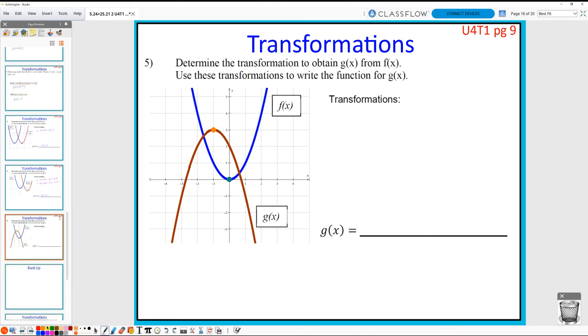And finally, I can see that from F, which is my blue graph, I had a reflection, right, because I'm facing the other way. But from my reflection, I did go up 1, 2, 3, and to the left 1. So I have 3 things. I have a reflection over the x-axis.